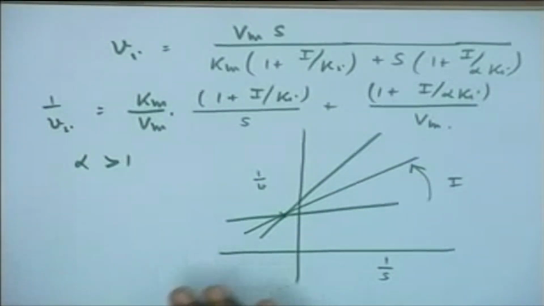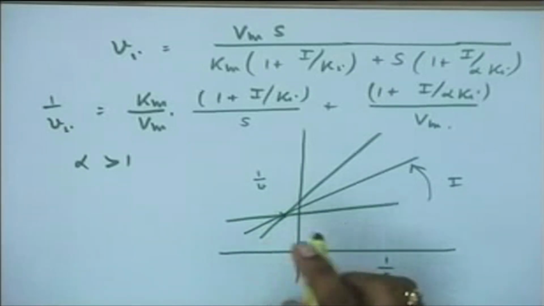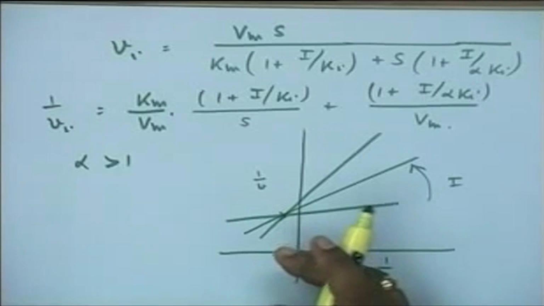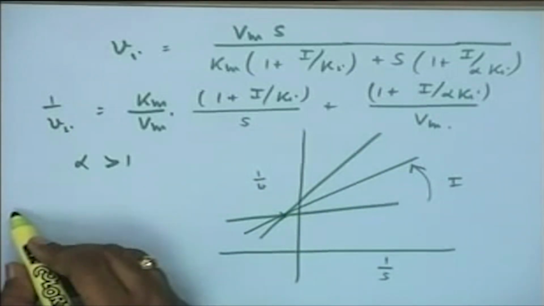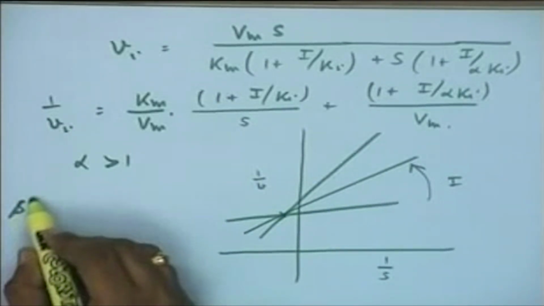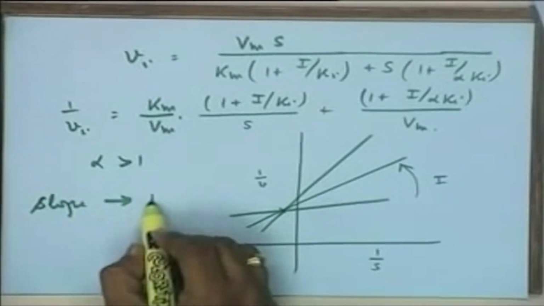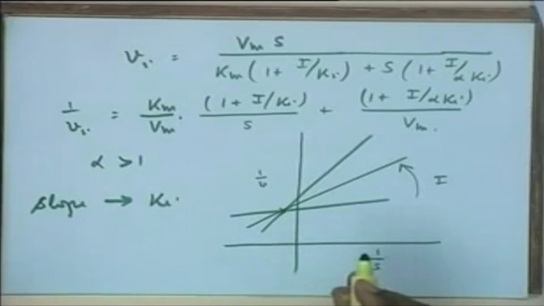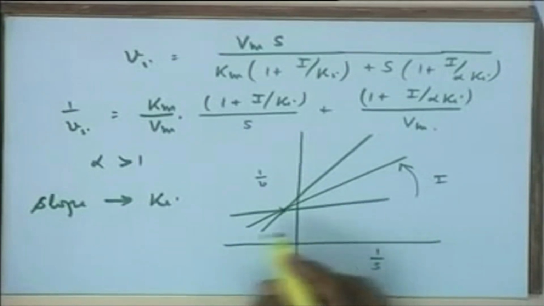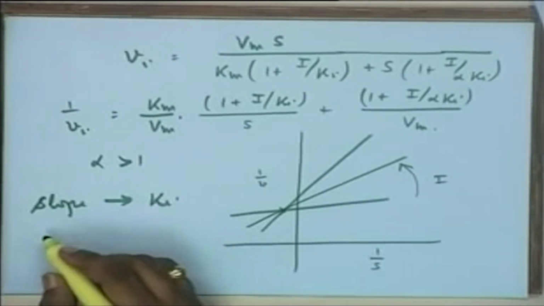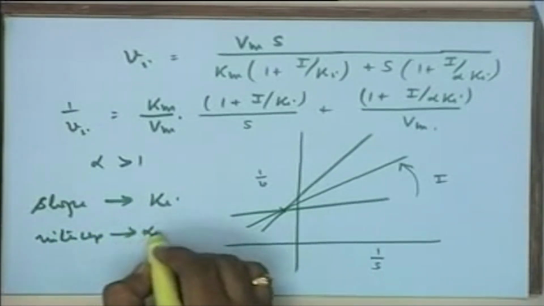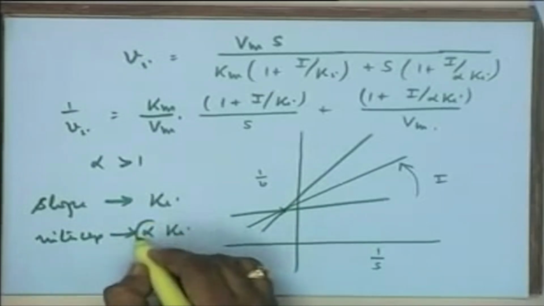If you consider the slopes and the intercepts of these plots, a replot of the slope will give you Ki, and if you replot the intercepts as a function of inhibitor concentration, it will give you alpha Ki, and therefore the value of alpha can be determined.